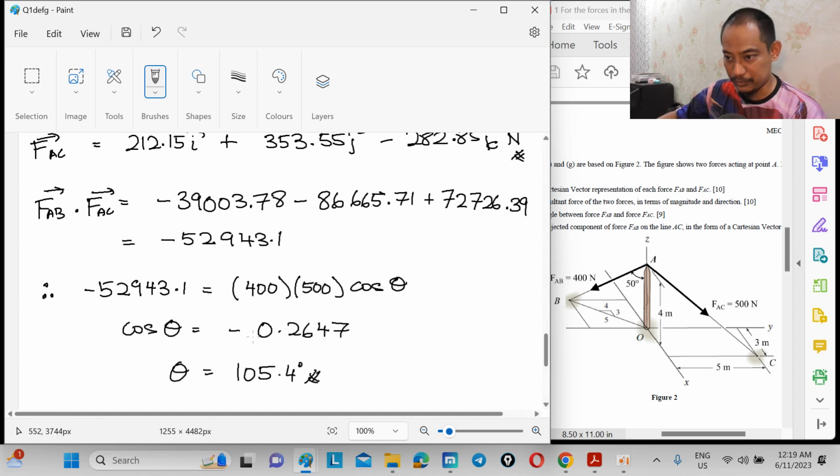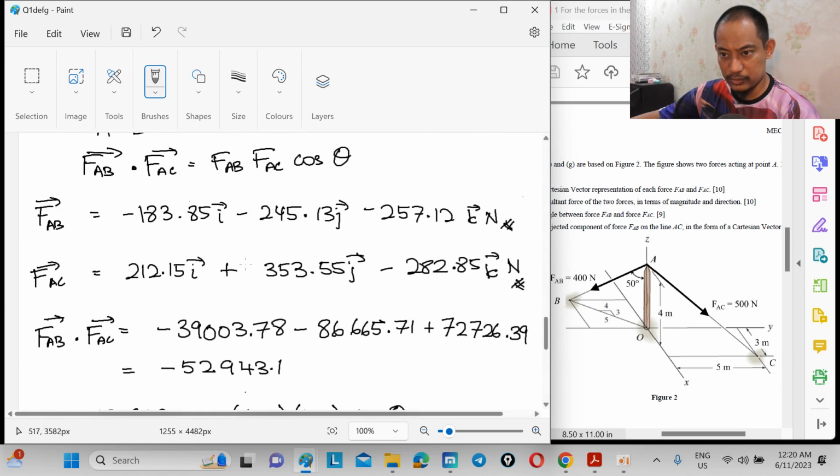If we take, for example, more decimals, cos inverse negative 0.26477, then you get 105.4 basically. So you can see the decimal point does have some effect. So that is 1F.